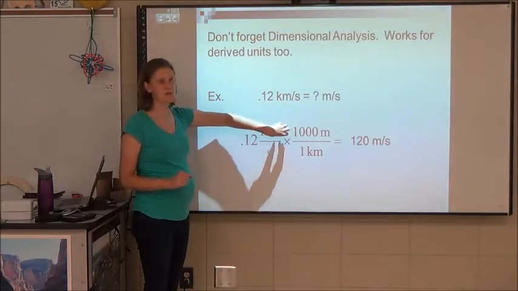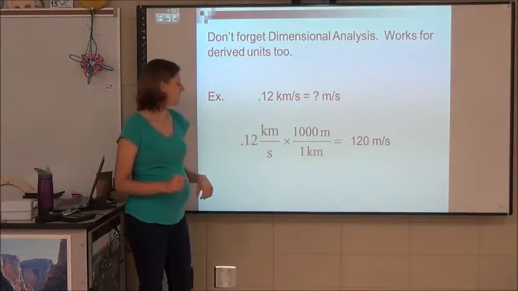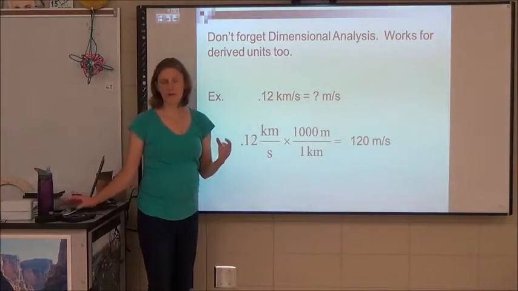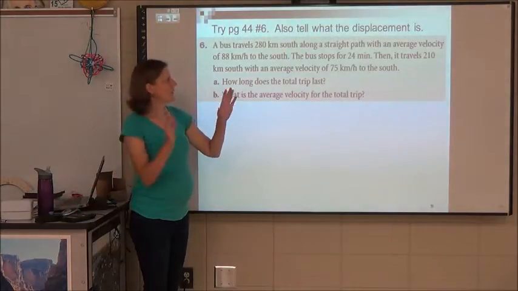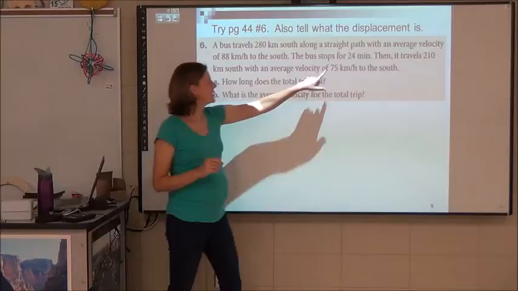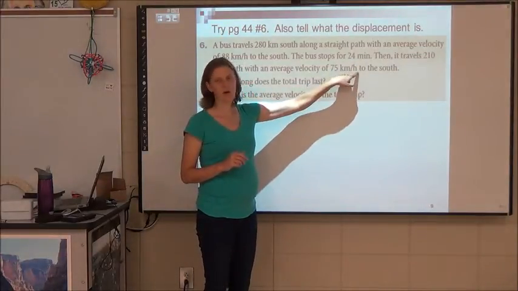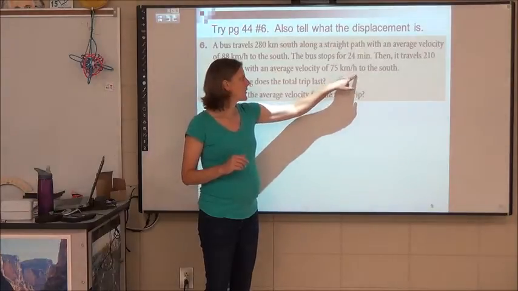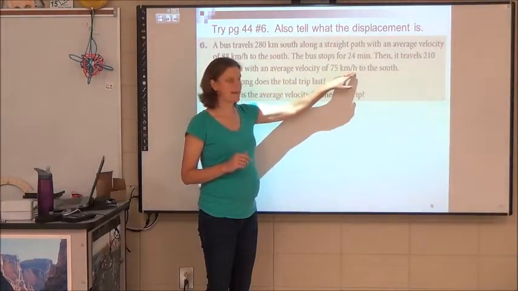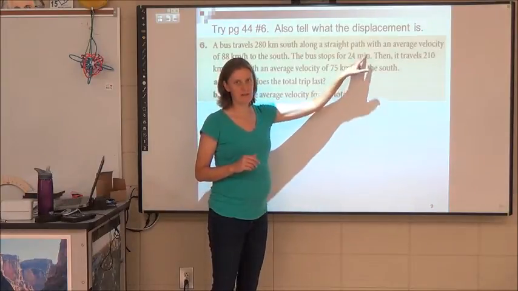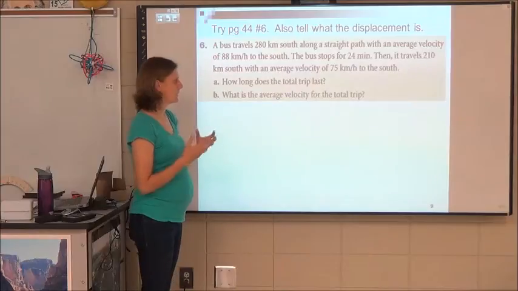But wherever you see those fundamental units of length, time, mass in your problem, they have to match. So even without reading this problem, right now I see I got 24 minutes and I have kilometers per hour. So right away, even though this is a velocity unit, kilometers per hour, I cannot deal with hours and minutes together. I've got to make sure my fundamental units match before starting a problem.